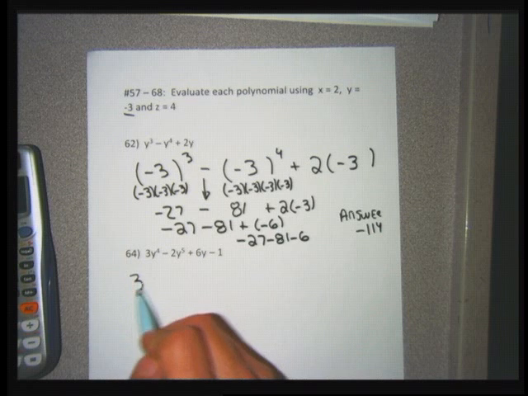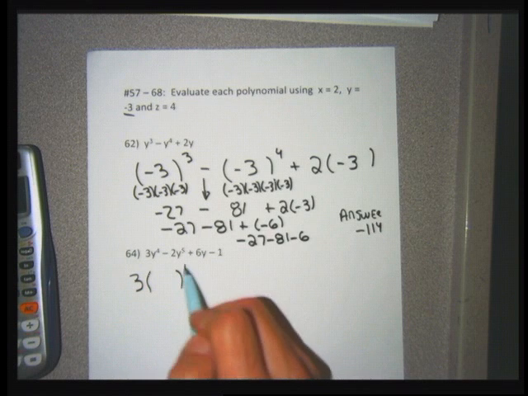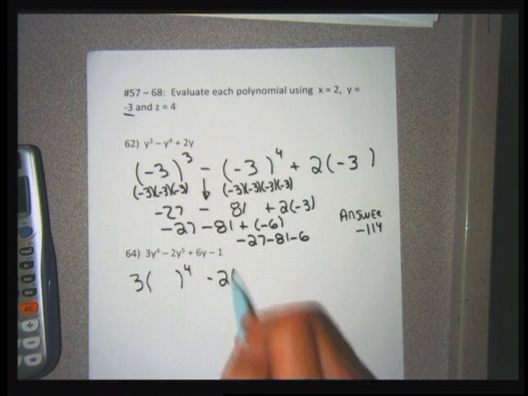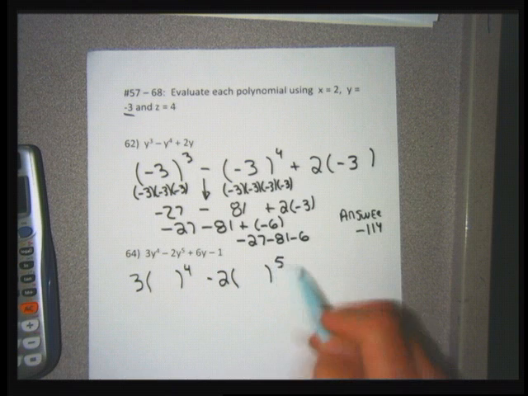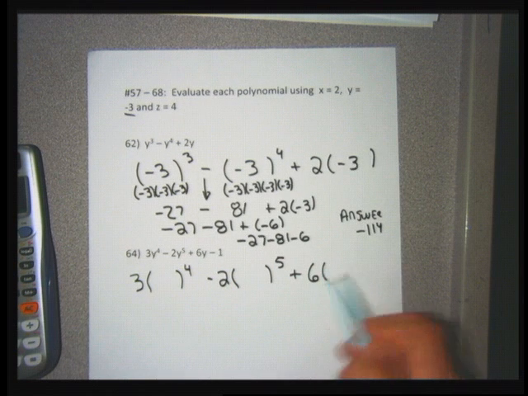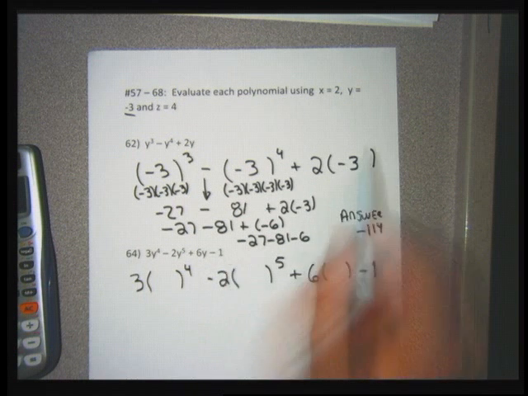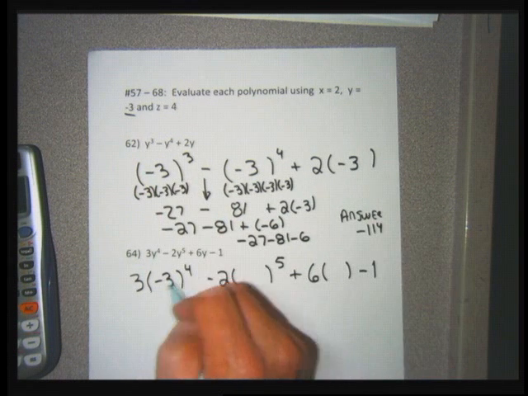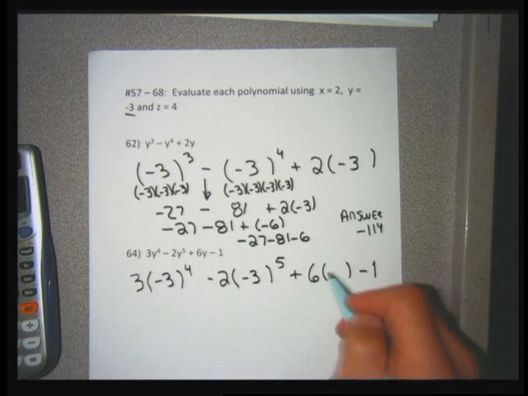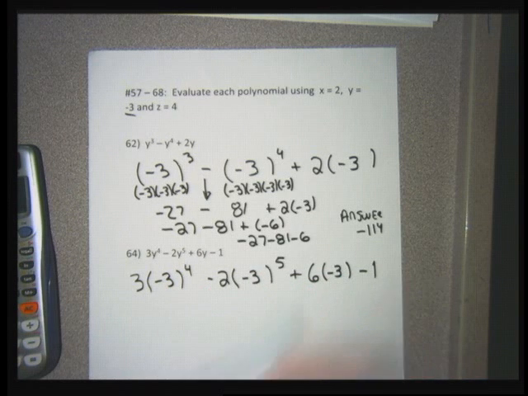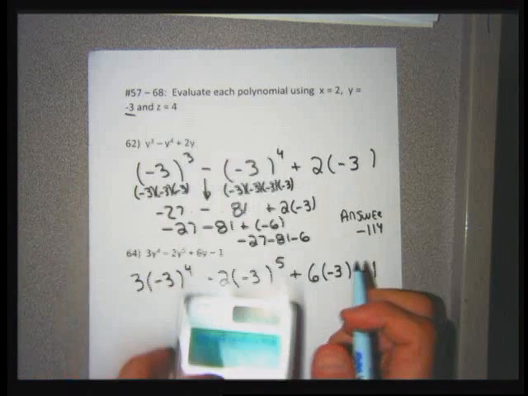I'm going to go 3 parentheses 4 minus 2 parentheses 5 plus 6 parentheses minus 1. And each of the letters I took out with a y, and I'm supposed to plug negative 3 in for the y. So again, do it on my calculator because it's safer.